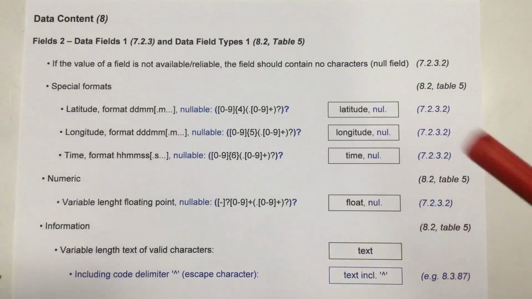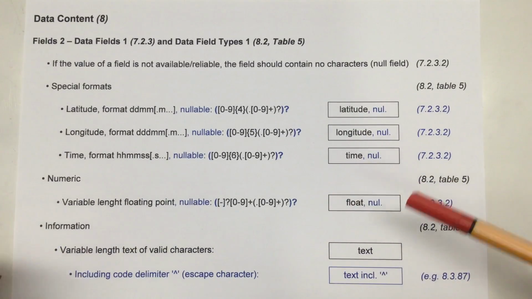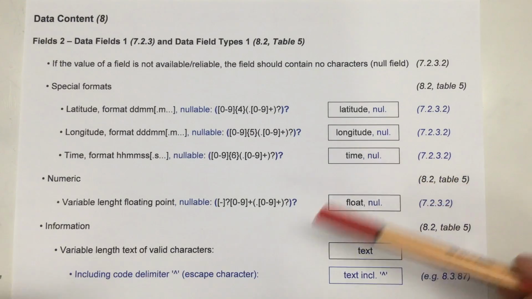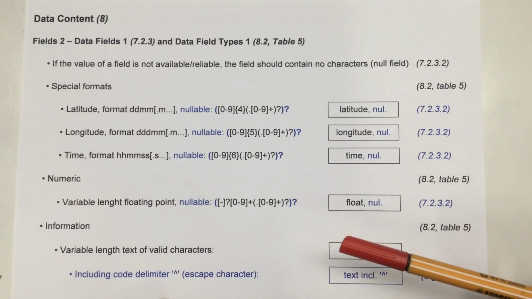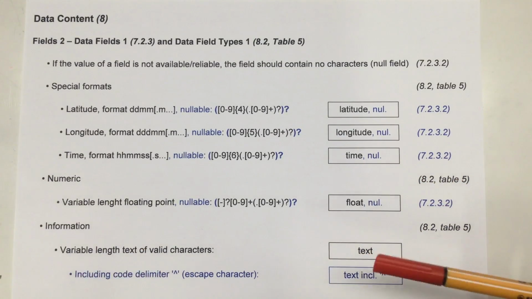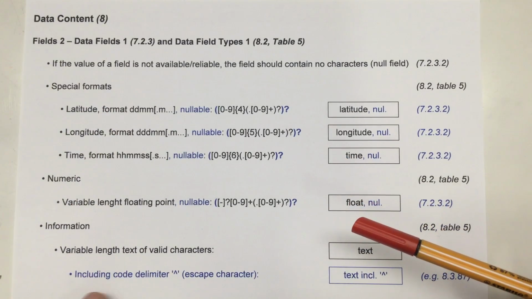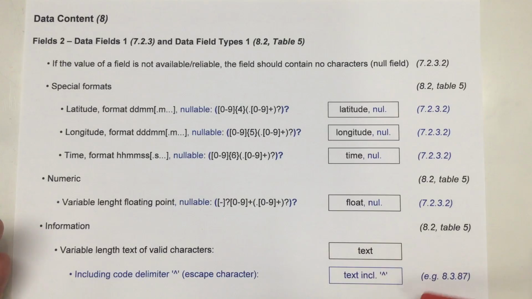In the footnotes to some messages, you find the additional information that a text field can not only contain valid characters, but also the reserved character tilde, so our escape character, or in the terminology of this standard, the code delimiter. And I write those as text, including tilde.